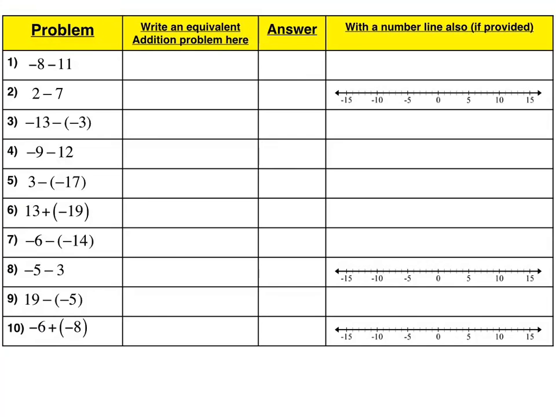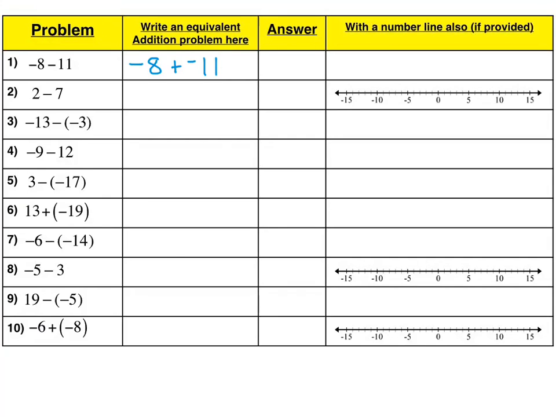Yes. All right, so right now I'm going to do number 1 and 2 with you. Number 1, we, of course, would write as an addition expression or addition problem. That would be negative 8 plus negative 11.